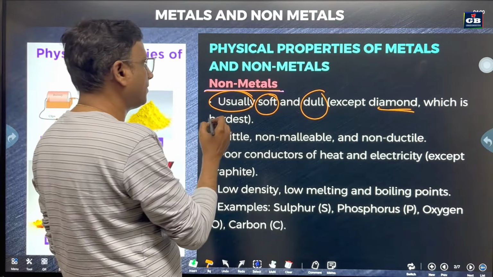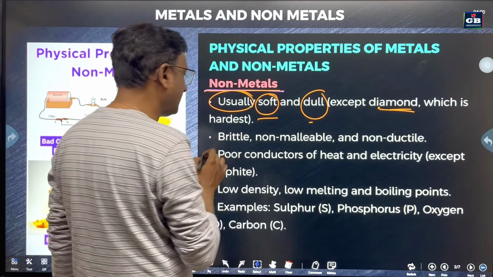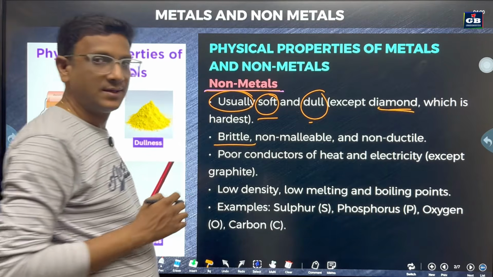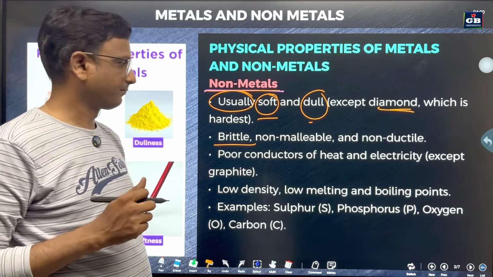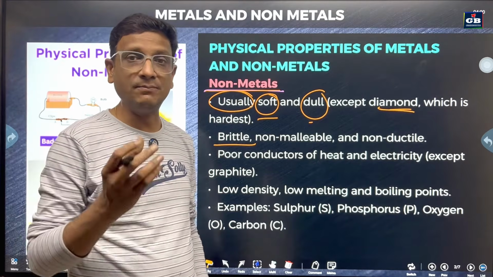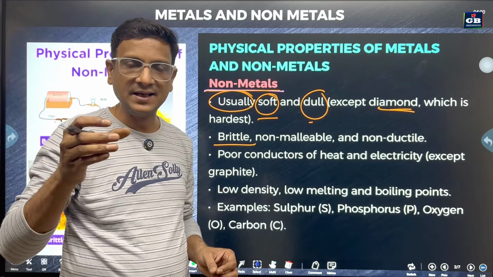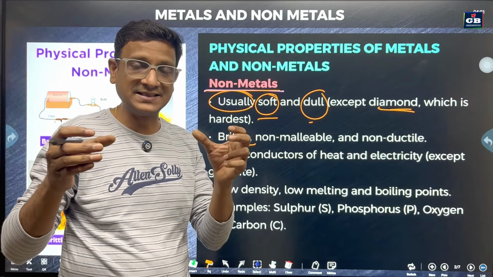So non-metals are usually soft and dull in appearance, and the other property is that non-metals are brittle. What is this brittleness? Say, for example, you are holding a steel tumbler in your hand, and another tumbler made out of glass.